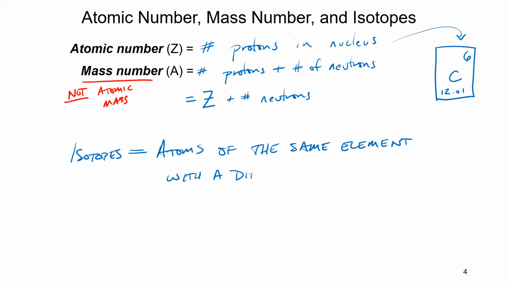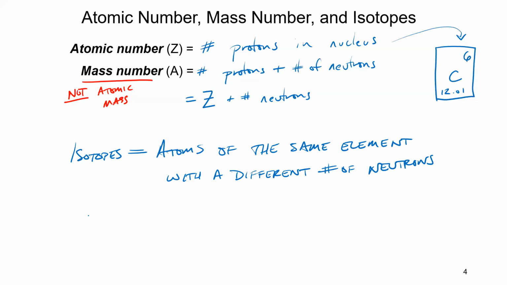Neutrons. Absolutely, a different number of neutrons. Right? And so if I took this carbon 12 just as an example, we'll get to isotopes in just a second.